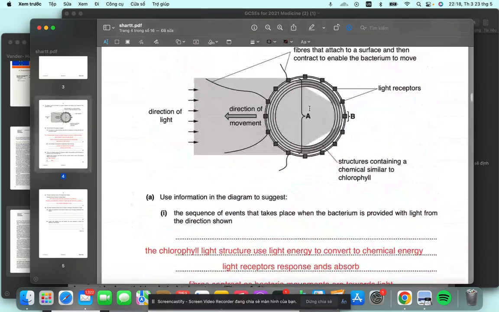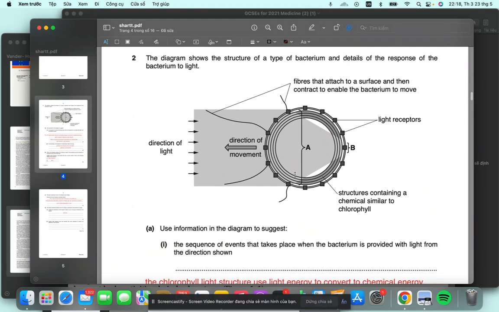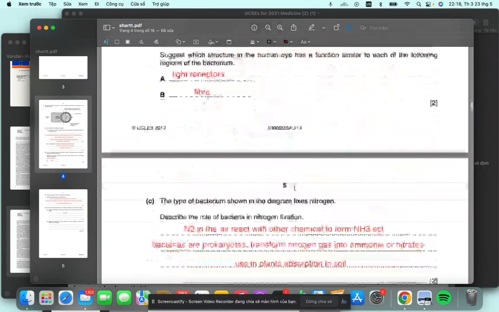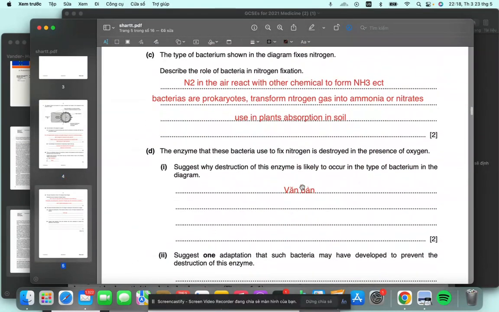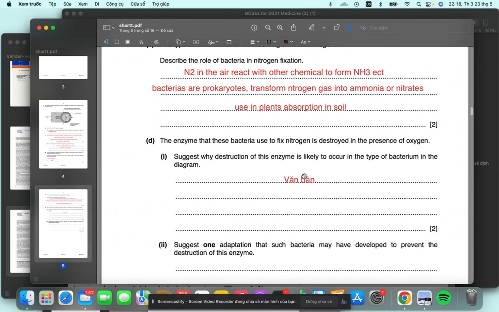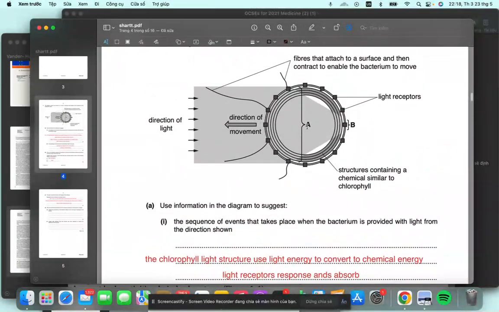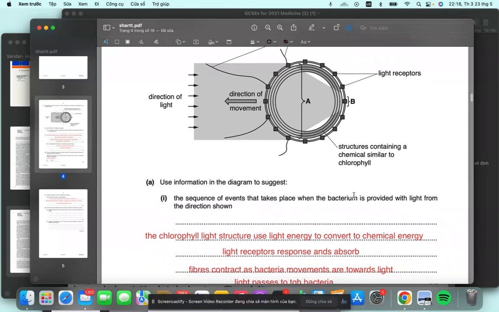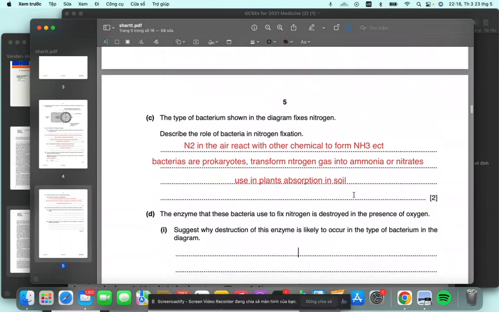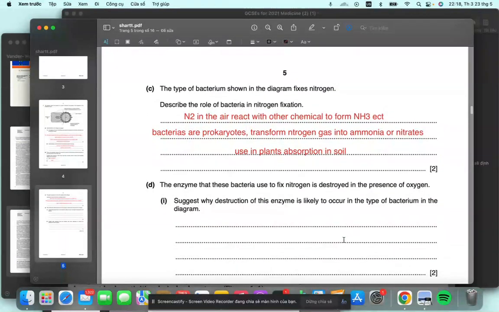The diagram. Okay, so here's a diagram. The structure looks kind of like plants, because here we have chlorophyll. You know how plants photosynthesize; the bacteria do the same thing.